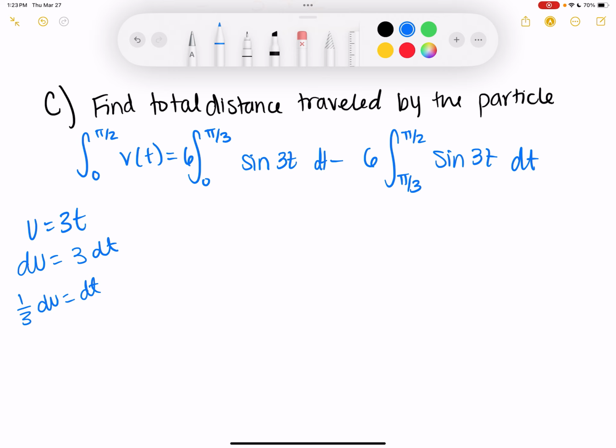So now, integrating 6 times 1/3 is going to be 2. Integrated from 0 to pi over 3 of the sine of u du, minus 2 times the integral from pi over 3 to pi over 2 of the sine of u du.